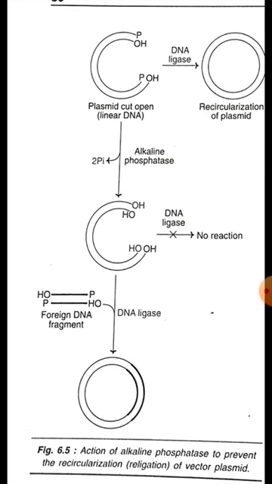Students, look at this diagram which depicts the action of alkaline phosphatase to prevent the recircularization or religation of vector plasmid. See here at the top of the diagram, I have a plasmid DNA. What I have done is I have cut it because I want to insert the DNA of my choice in that place. The moment I cut it with a restriction enzyme, I will end up with phosphate groups and hydroxyl groups.